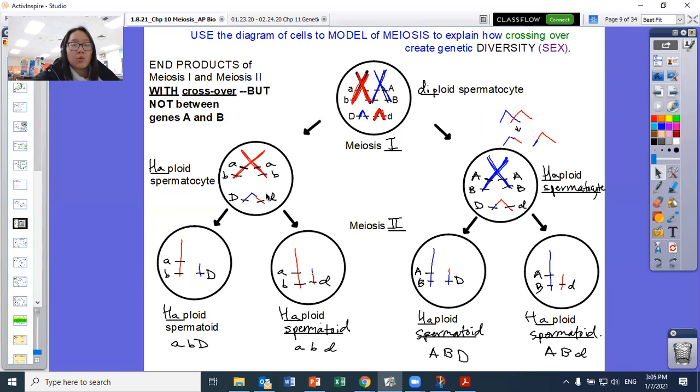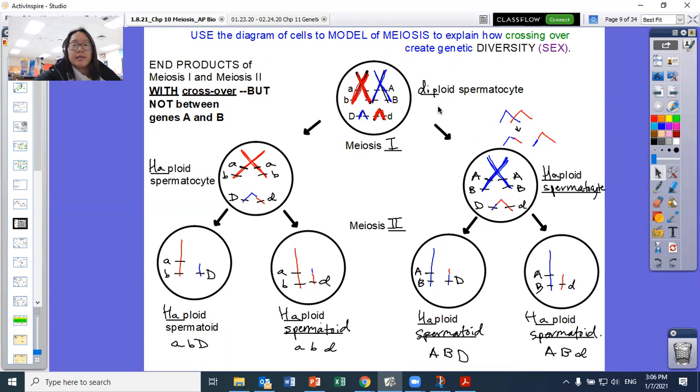So here, because one chunk on the right side leg has been swapped with a lowercase d gene, you will have one that is haploid still, and you're going to have lowercase a, lowercase b, and a capital D. But on this side, you're going to have lowercase a, lowercase b, and a lowercase d, because part of this chromatid has been swapped with the other chromosome during crossing over in Meiosis 1.